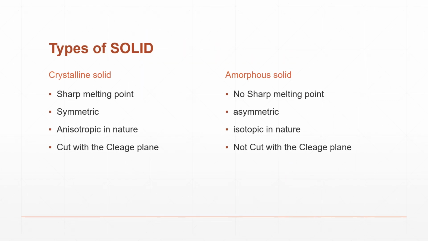But when we talk about asymmetric, that means there is no proper degree, or we can say no proper structure when it completes its 360 angle.